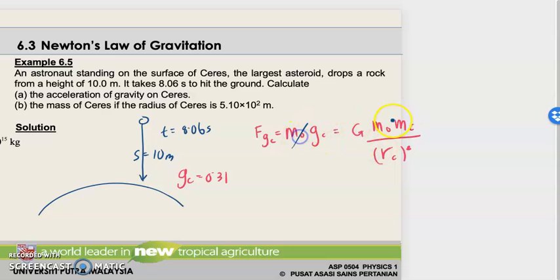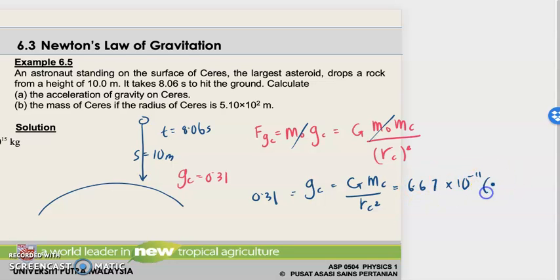Okay, so mass of object can be eliminated here to give me gC over RC squared. Okay, so gC, we know that it's 0.31 equals 6.67 times 10 to the minus 11 times the mass of Ceres, which we don't know, over the radius, 5.1 times 10 to the 2, squared.